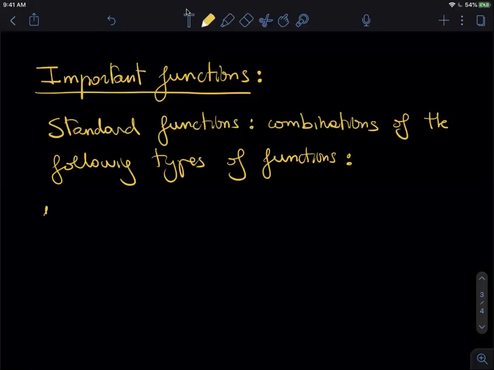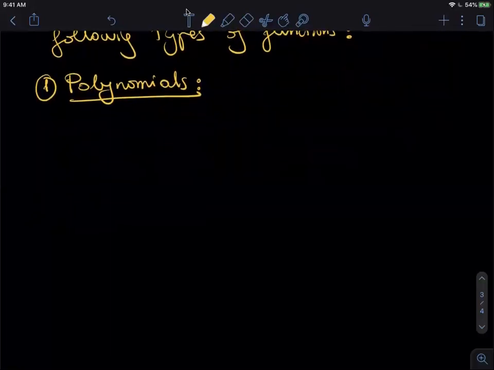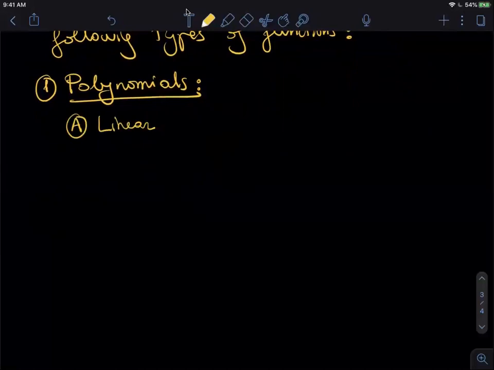So first, polynomials. This is the most basic one. Within the polynomials, the easiest is the linear polynomial. Linear means it's a line.